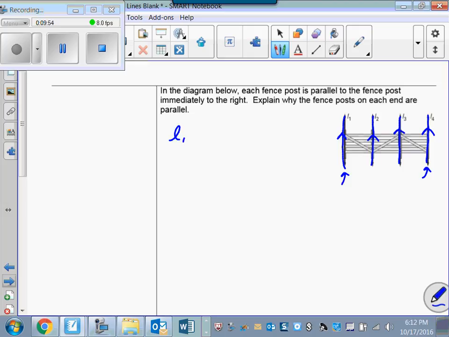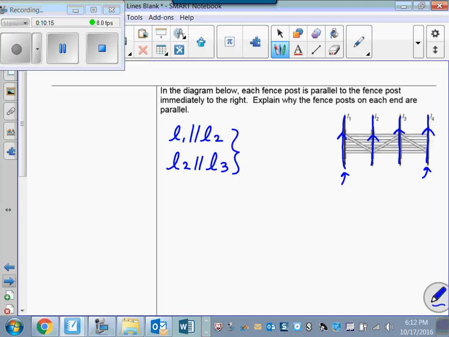So I know that L1 is parallel to L2. That's given if you wanted to write that down. And I also know that each post is parallel to the fence post immediately to the right, so I know that L2 is parallel to L3. So what can I say as a result of these two statements?